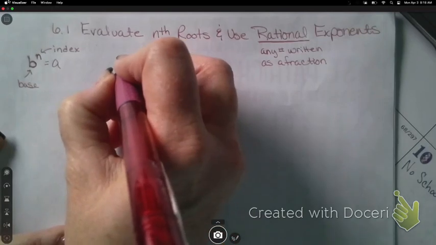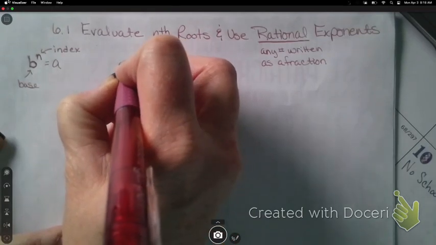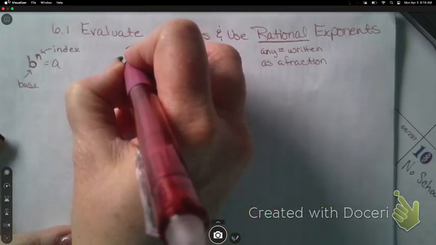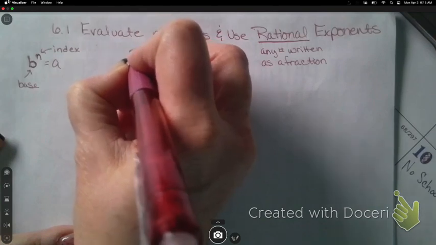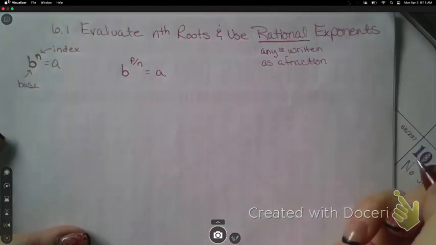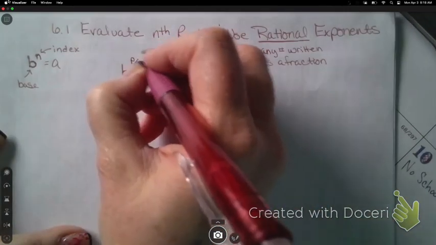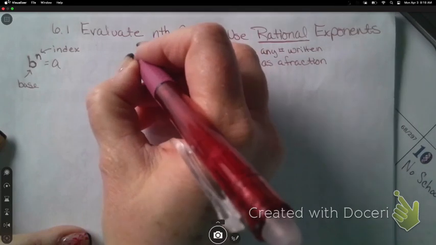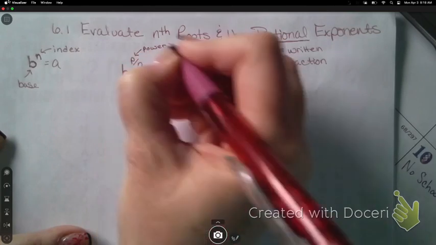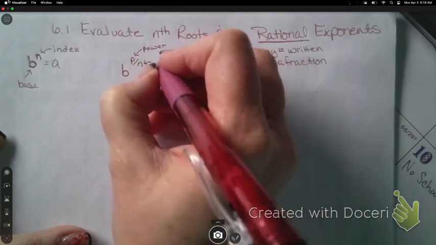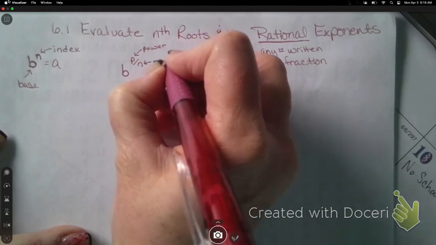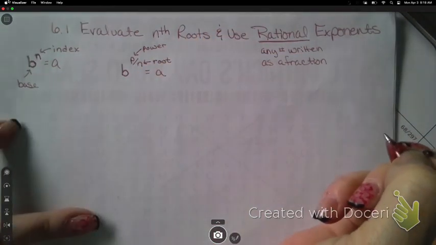But you're now going to see b to the p over n equals a, where this whole thing is still the index, but the top is the power, and the bottom is the root. In other words, in a square root.